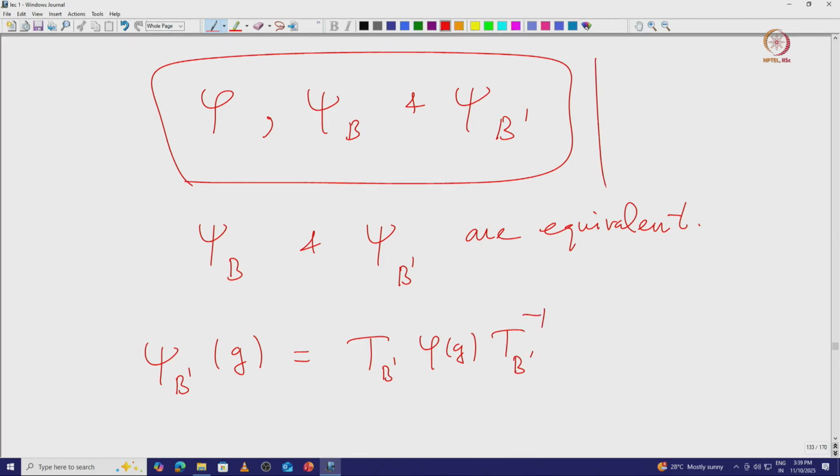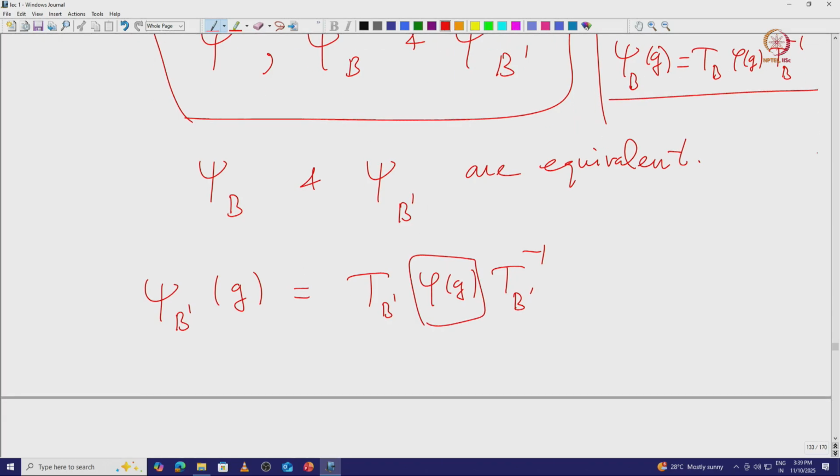But recall that we have the relation between phi and xi b. The xi b of g is exactly given by T b phi g T b inverse. So we can substitute this phi g by this equation.